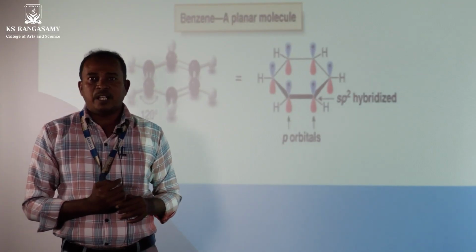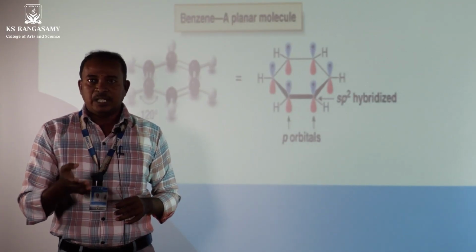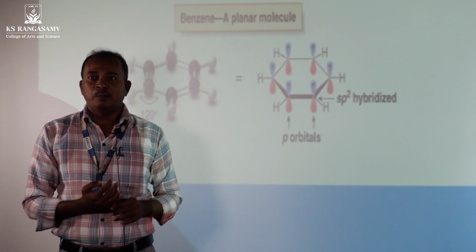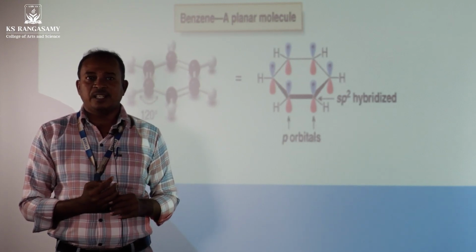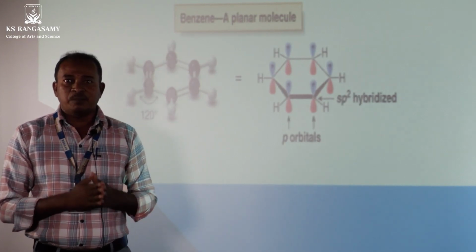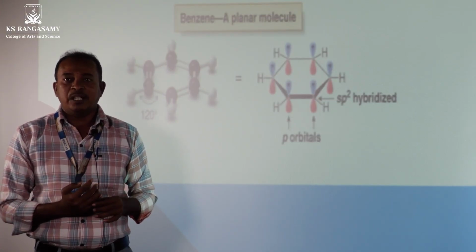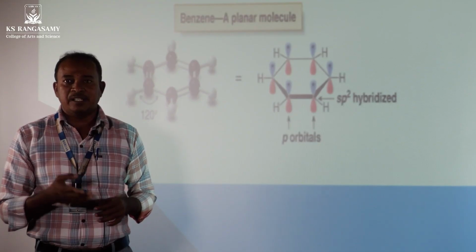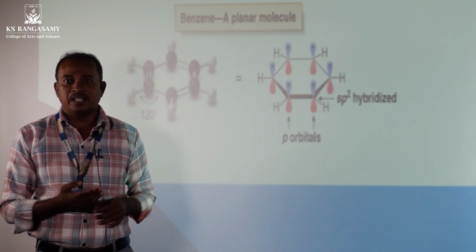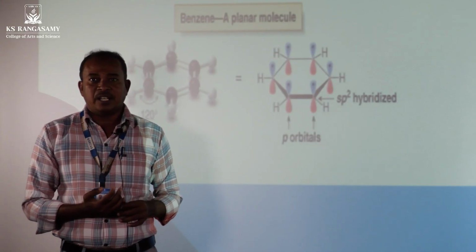Non-aromatic compounds, like cyclobutadiene, contain 4 pi electrons. Anti-aromatic compounds must be cyclic and planar, with delocalization of pi electrons, such as 6, 10, 8 and 12 pi electrons.